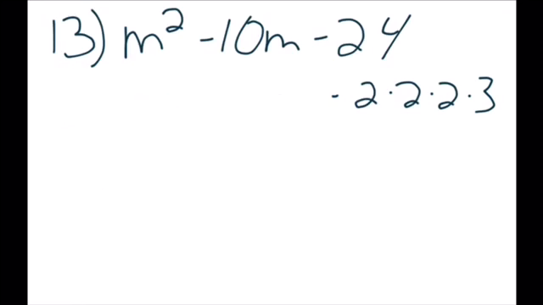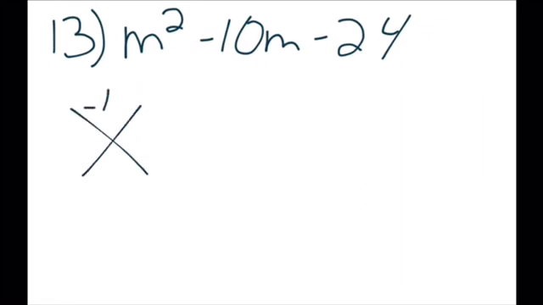So we're going to use X games to determine what two numbers, when added together, give me a negative 10, and when multiplied, give me a negative 24. Hopefully you determined that that was negative 12 and 2.